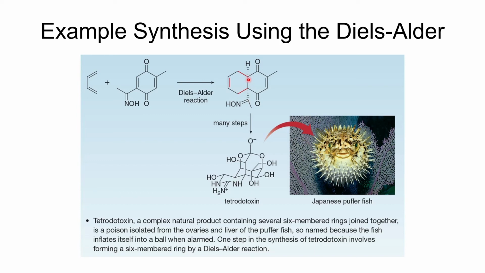We're going to talk about that stereochemistry in a bit, but you notice that this is cis fused. You make this product, and then using many steps, which is a lot of time of some poor grad student or postdoc's life, they made this particular product, which they can use to do studies on.